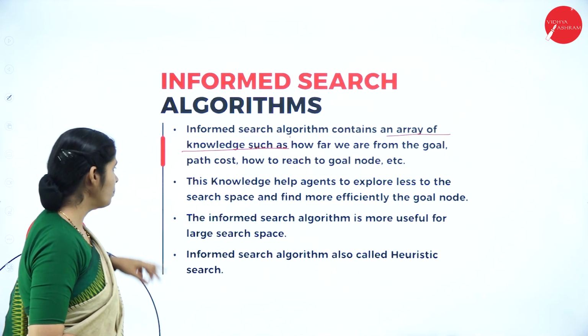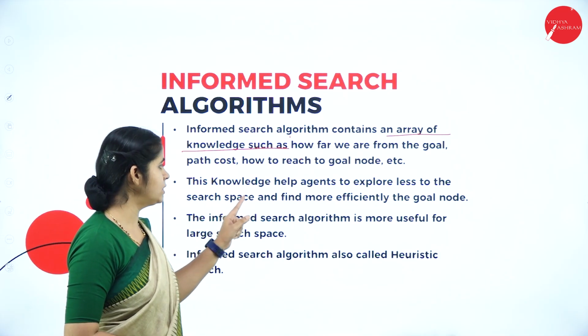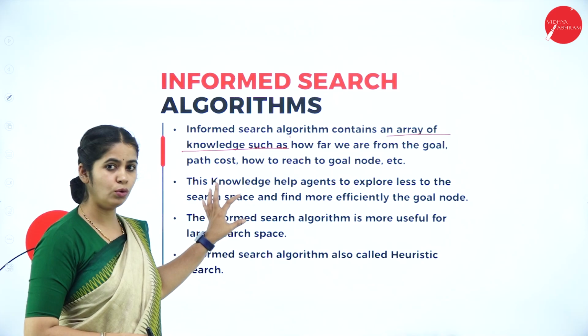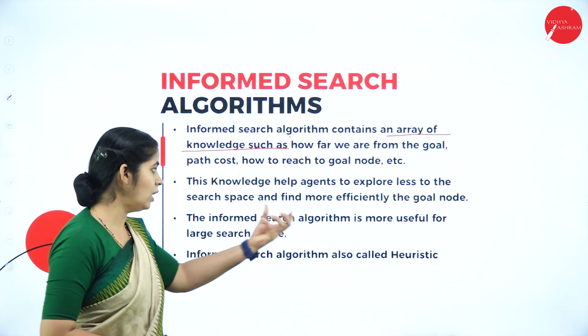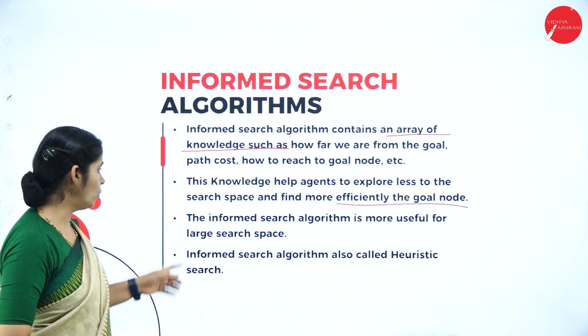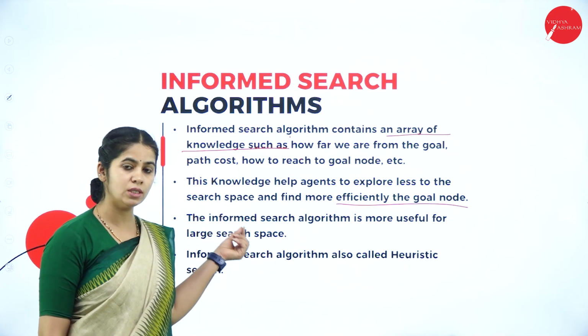This knowledge helps the agent to explore less of the search space and find the goal more efficiently. When you have prior knowledge, we work on that knowledge and efficiently reach the goal node. Informed search algorithms are more useful for larger search spaces.